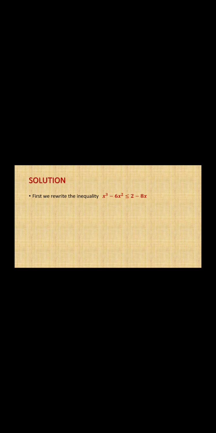First, we rewrite the inequality x cubed minus 6x squared less than or equal to 2 minus 8x as x cubed minus 6x squared plus 8x minus 2 less than or equal to 0, by moving negative 8x and 2 to the left hand side.